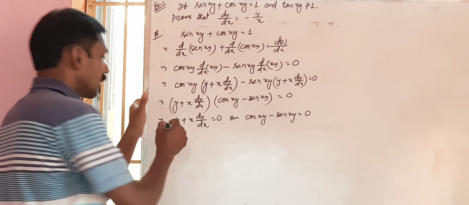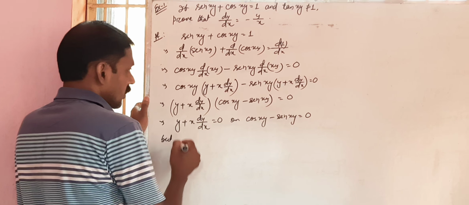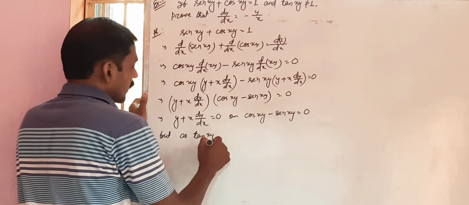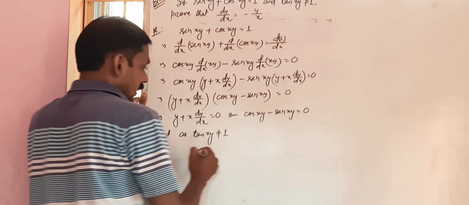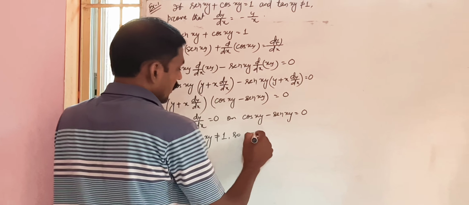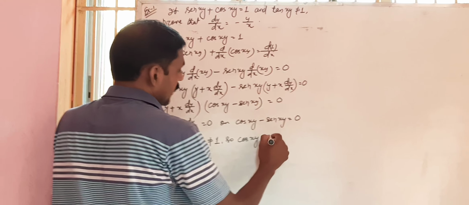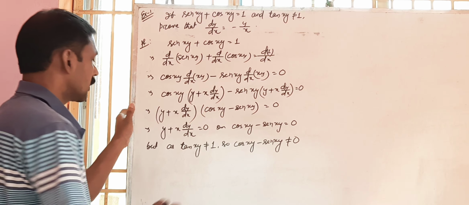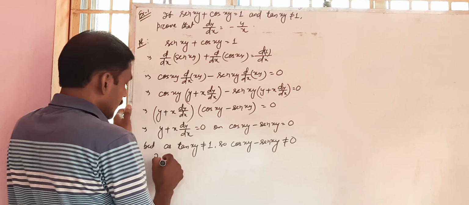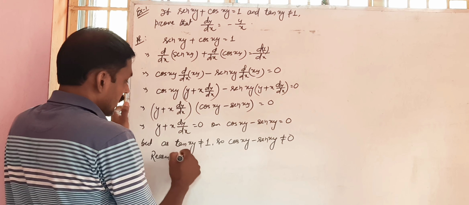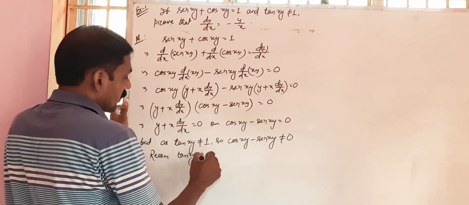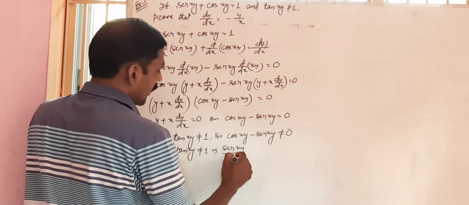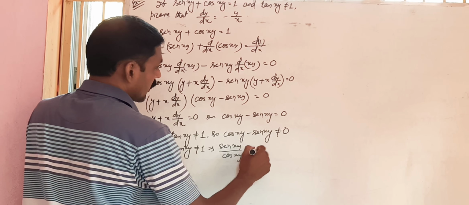Okay, but as tan xy is not equal to 1, this value cos xy minus sin xy cannot be equal to 0. The reason is this one. Tan xy is not equal to 1. This implies tan, which is sin by cos, is not equal to 1.